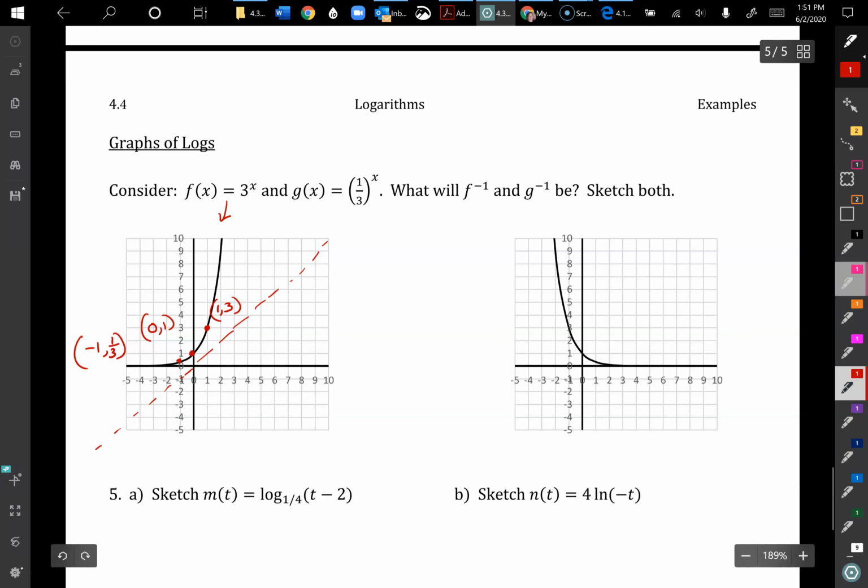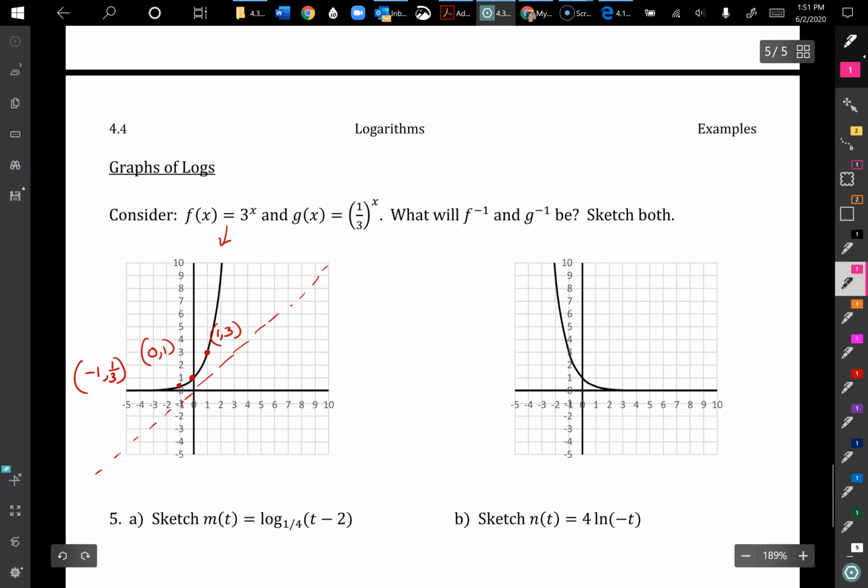So for our inverse, we want to swap them out, right? So let me just mark this as f of x here. For our f inverse of x, we're going to have the value 3, 1 right there. I'm going to go slow with this. You can do it yourself as I'm doing it. And then we're going to have the value 1, 0. So again, we want 3, 1. We want 1, 0.